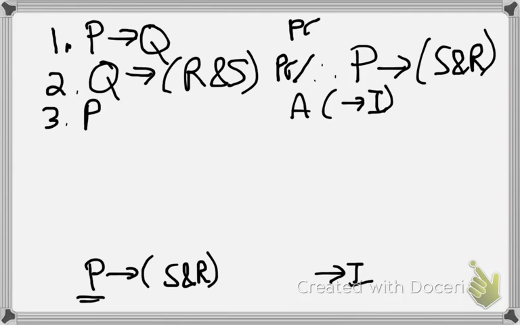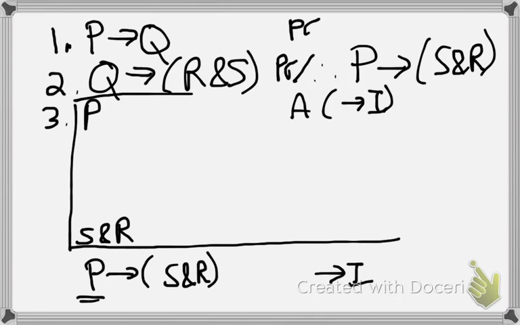So you should never make an assumption if you don't know why you're making one. Okay, and so what we want to do is derive S and R. We'll put a box around that.